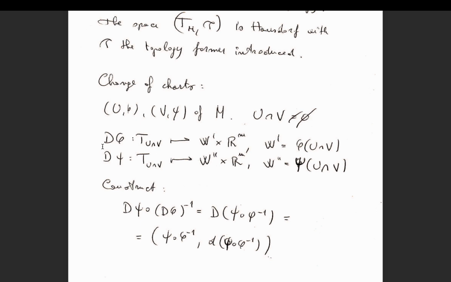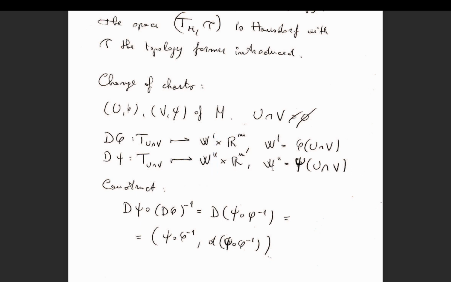Assume, for example, that Dφ is a map from T(U∩V) into W' times R^m, and Dψ goes from T(U∩V) inside W'' times R^m.